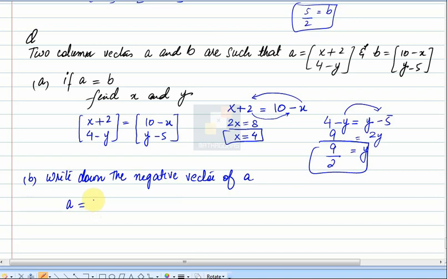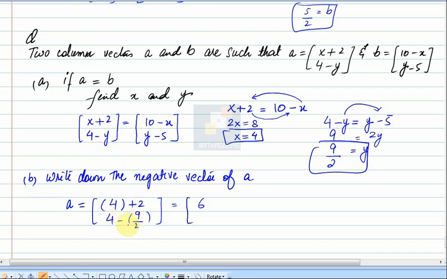So the vector A is (x + 2, 4 − y). First I will substitute the values of x and y. So x is positive 4 and y is 9/2, right? That equals 4 + 2 = 6, and 4 − 9/2, where 9/2 is 4.5.